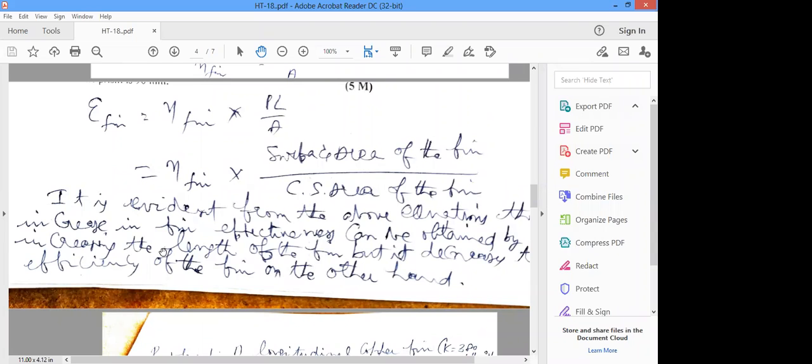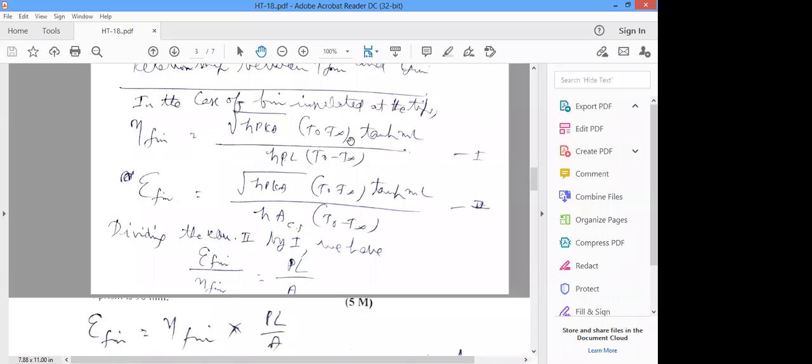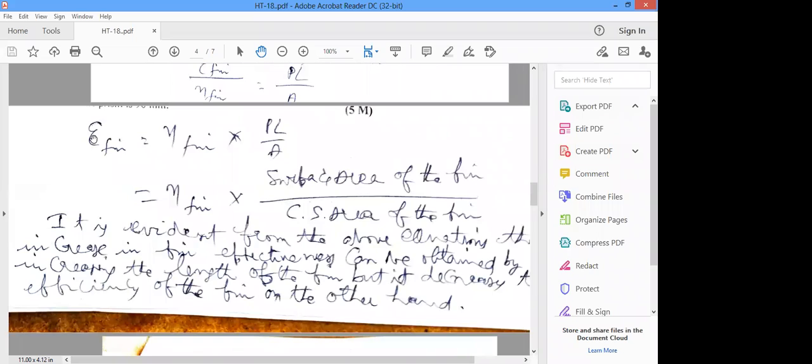But at the same time, the efficiency of the fin decreases, because for the insulated fin, efficiency is root HPK into T naught by T free stream into tan HML divided by HPL into T naught by T free stream. Here length is in the denominator. That's why if you go on increasing the length of the fin, efficiency decreases, but effectiveness increases.